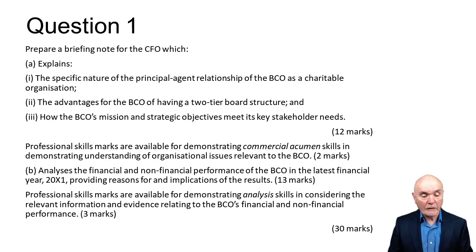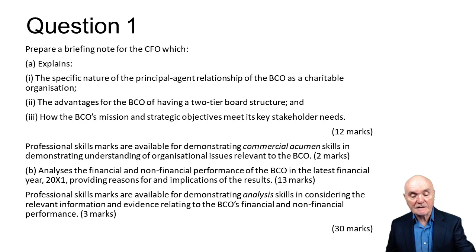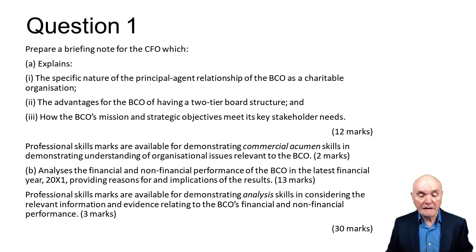So here for part A, you are asked to explain the specific nature of the principal-agent relationship in BCO as a charitable organisation, the advantages of having a two-tier board structure, and how its mission and strategic objectives meet its key stakeholder needs. Hopefully, there'll be some clue in the question about what or who the stakeholders actually are.